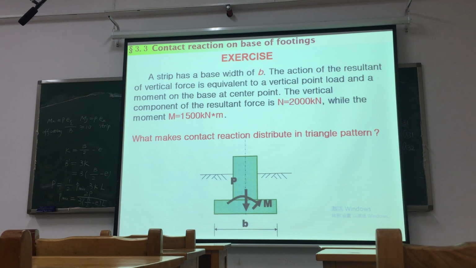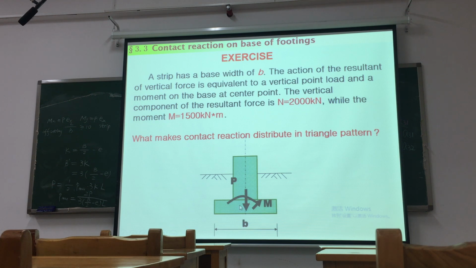A strip footing has a base width of b. The action of the resultant of vertical force is equivalent to a vertical point load and a moment at the base center point.